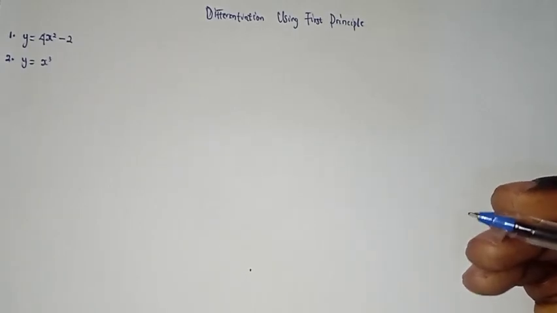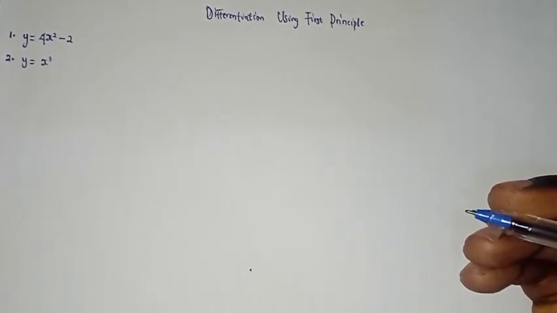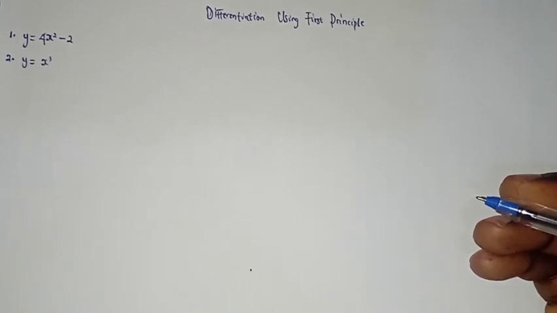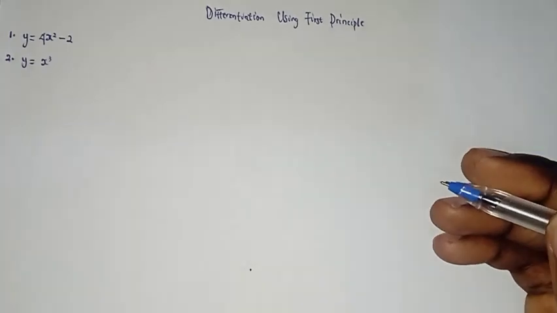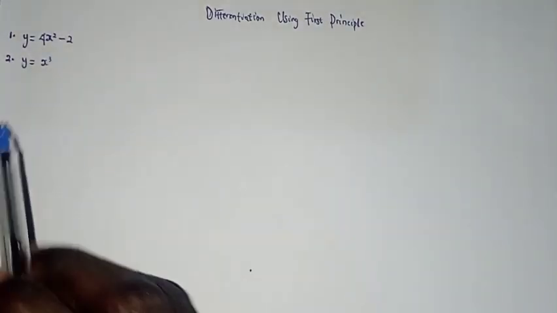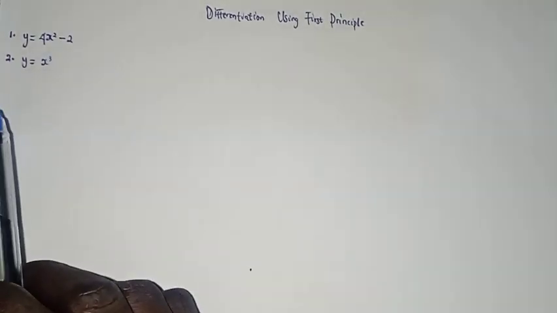First thing was the average rate of change of y with respect to x, and then the second thing was the instantaneous rate of change of y with respect to x. So we're going to use that same approach in solving for these equations.